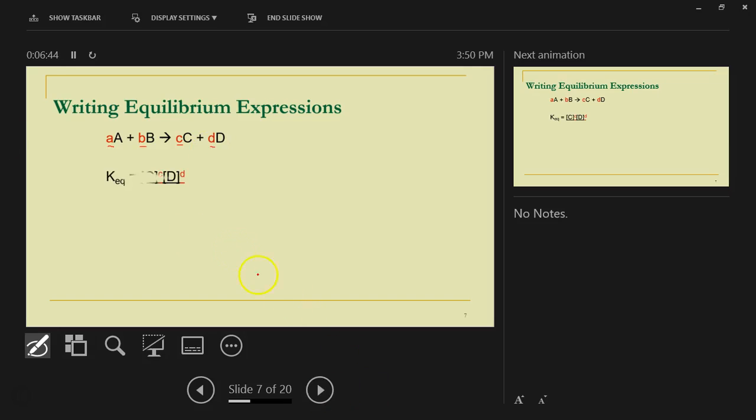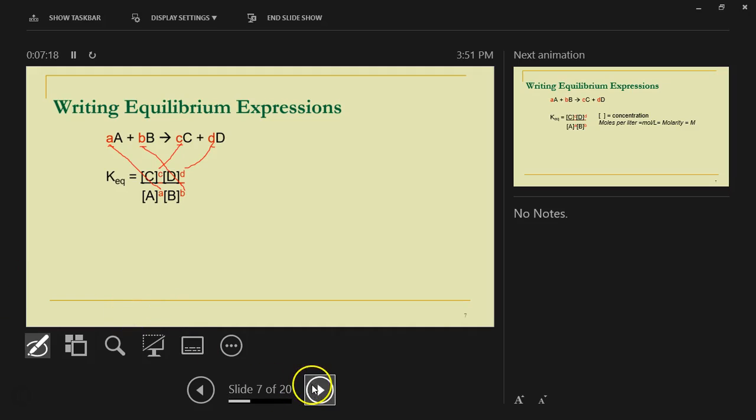So the concentration bracket of your products, so I've got my C and my D, raised to the power of my coefficients. And that's over the concentration of my reactants raised to the power of their coefficients. So that's where these things are coming from. So it's an incredibly easy equation to write if you can balance an equation.